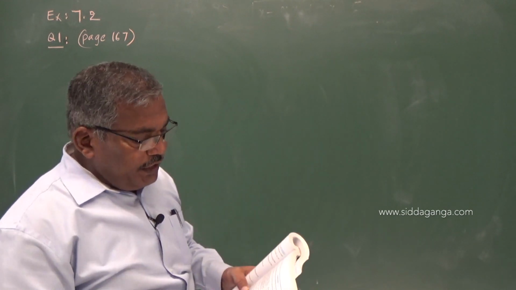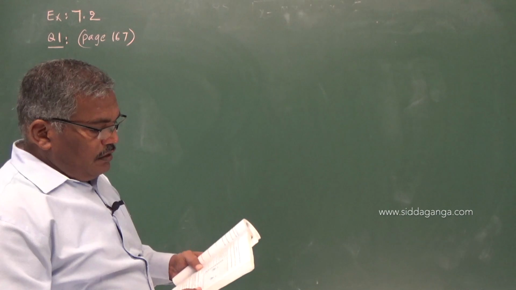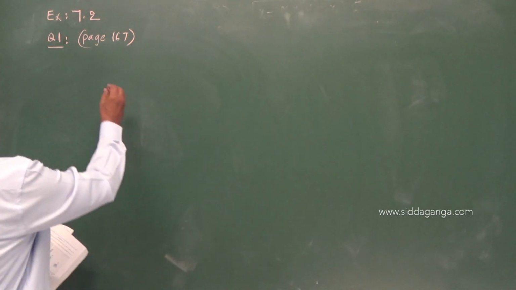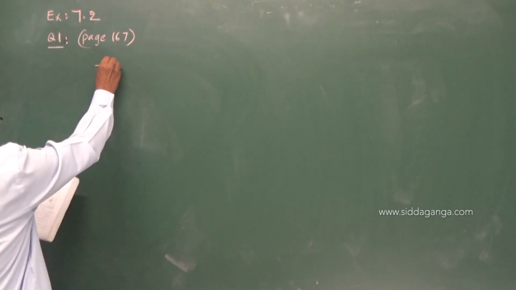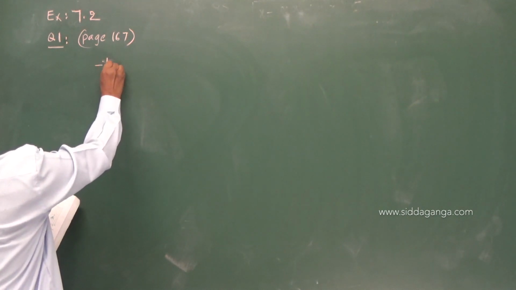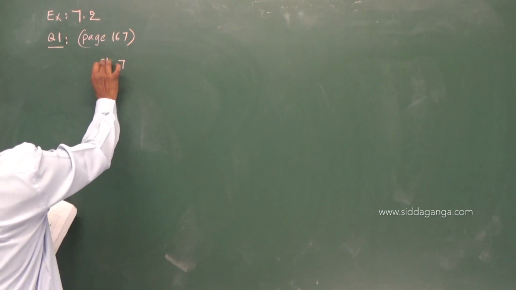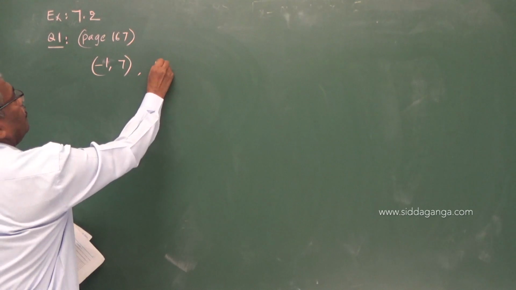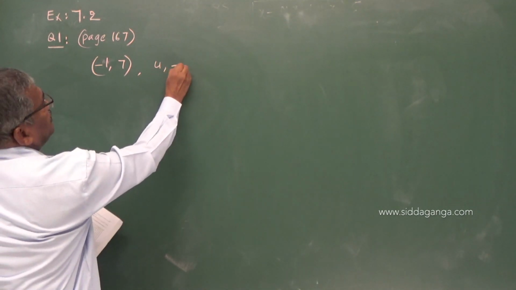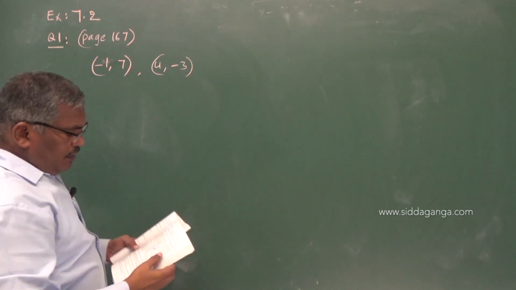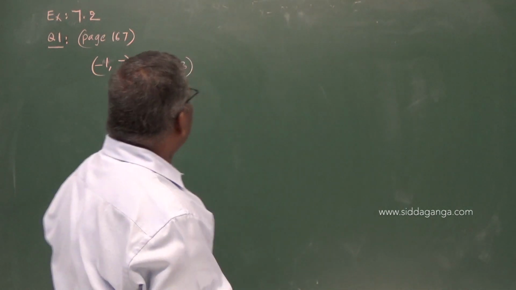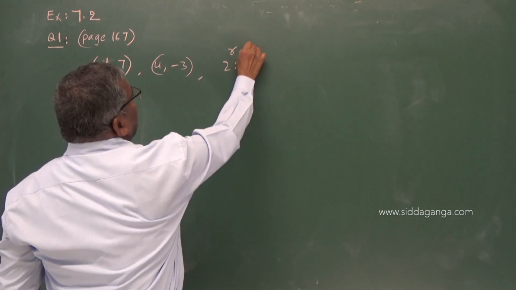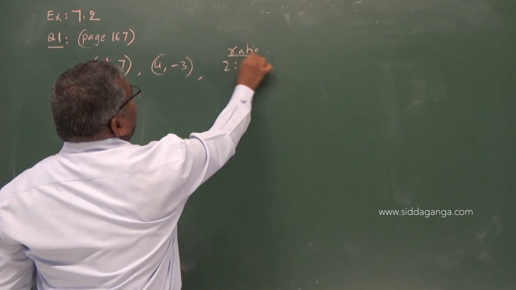Find the coordinates of the point which divides the line joining (-1, 7) and (4, -3) in the ratio 2:3. This is the data given.